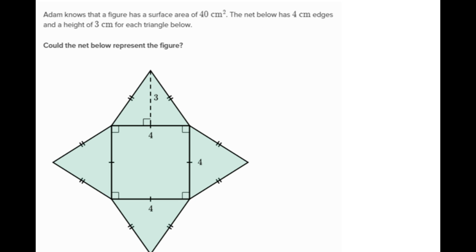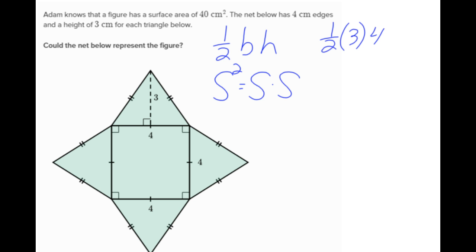So here we have another one, and we have what looks to be a square and triangles. So remember, a triangle is 1/2 times the base times the height. And for the square, remember that is s squared, which is just s times s. So for our triangle, we're going to have 1/2 times 3 times 4, which is 6.